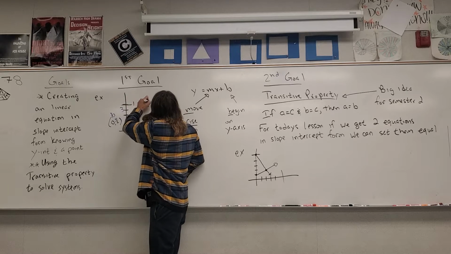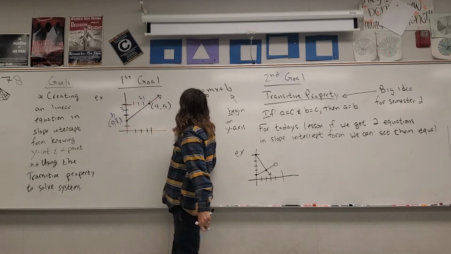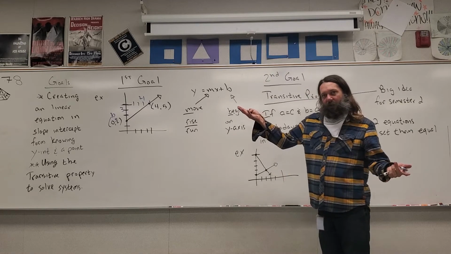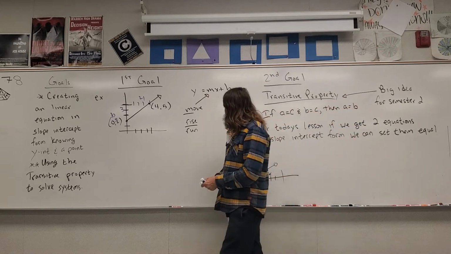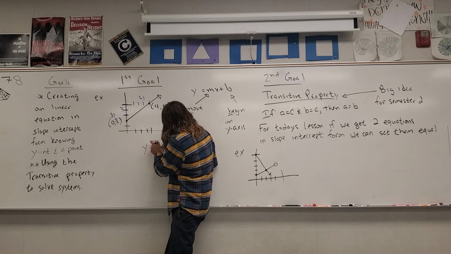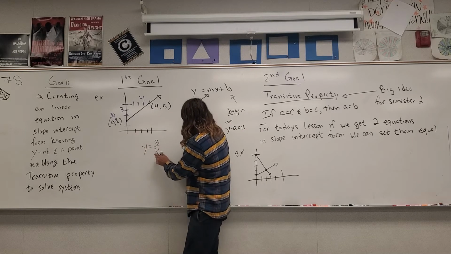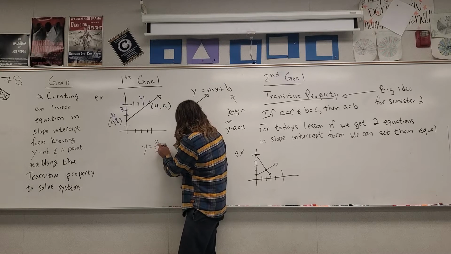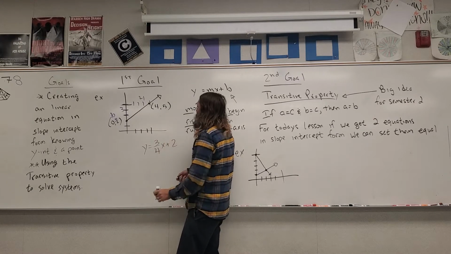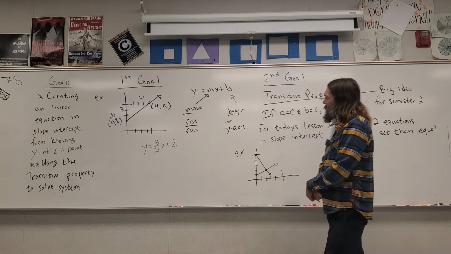So my rise is 3, my run is 4. I can now write my equation. So the equation that represents this is y equals 3 over 4, that's my slope, x plus my y-intercept, which is 2. That is my equation for this line.